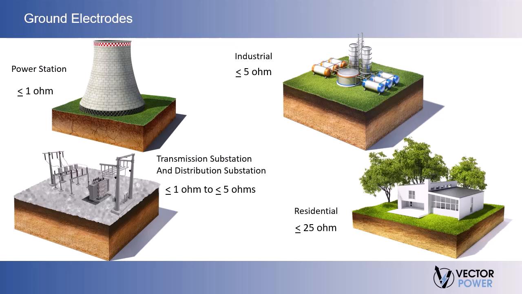However, circumstances will always make it difficult to obtain the ground resistance required by the National Electrical Code or other safety standards. Several methods of lowering the ground resistance can be employed when these situations develop.